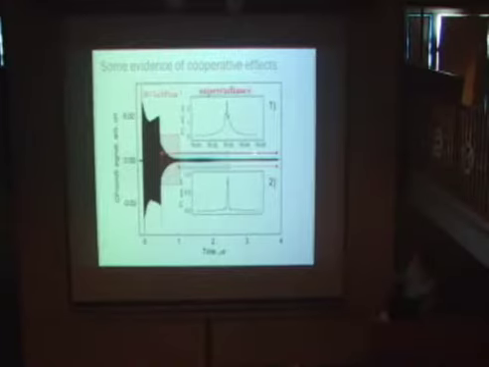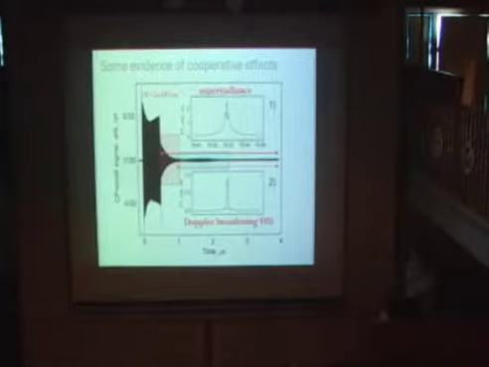Our explanation is that the Lorentz line shape is homogeneous-dominated superradiance decay, and the Gaussian line shape comes from the Doppler-broadened free induction decay, regular free induction decay.